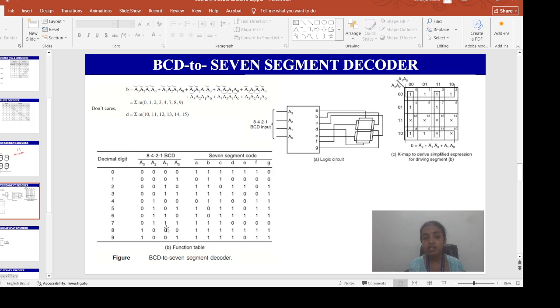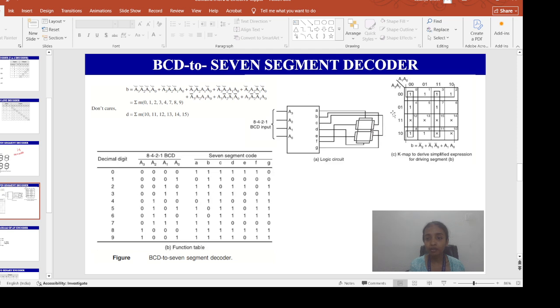Since it is a 4 variable function, we should have 16 cells.